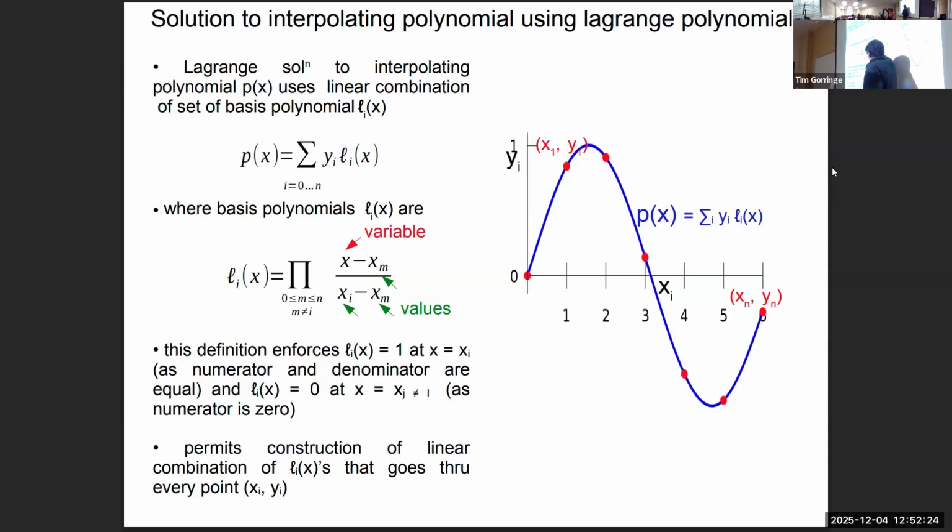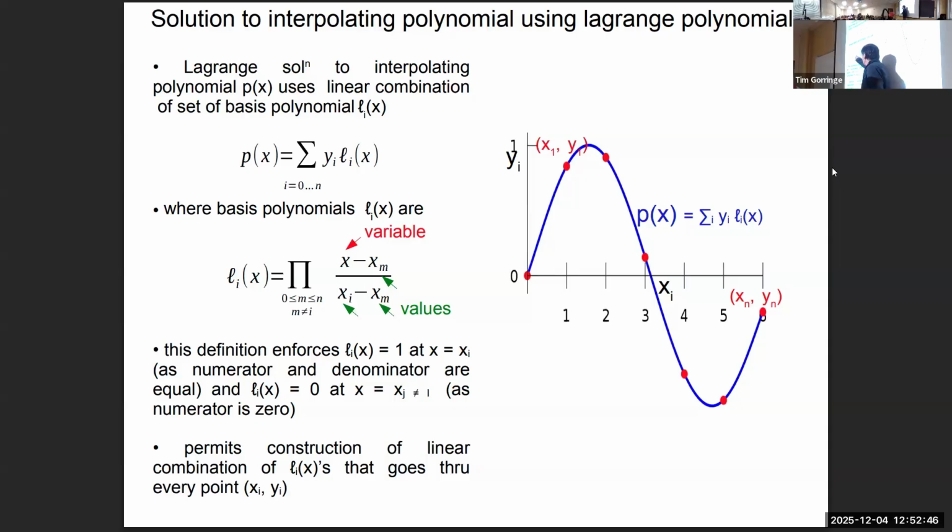This arrangement causes L0 to be equal to unity at x0 and equal to 0 at all the other x values, x1, x2, and so forth.